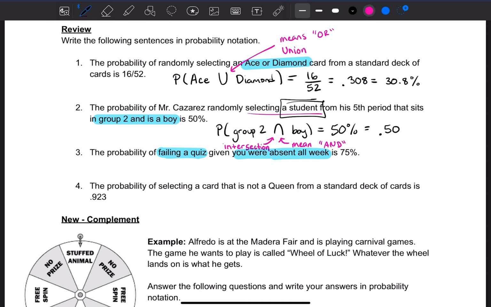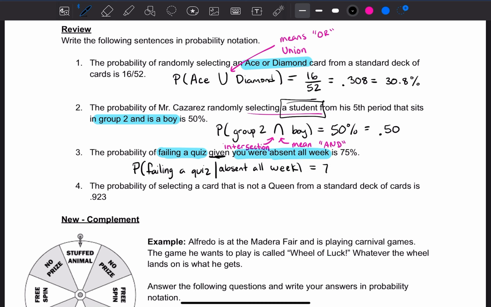So let's go ahead and write this. We're going to write the probability of failing a quiz, now, given is this symbol, given you were absent all week.